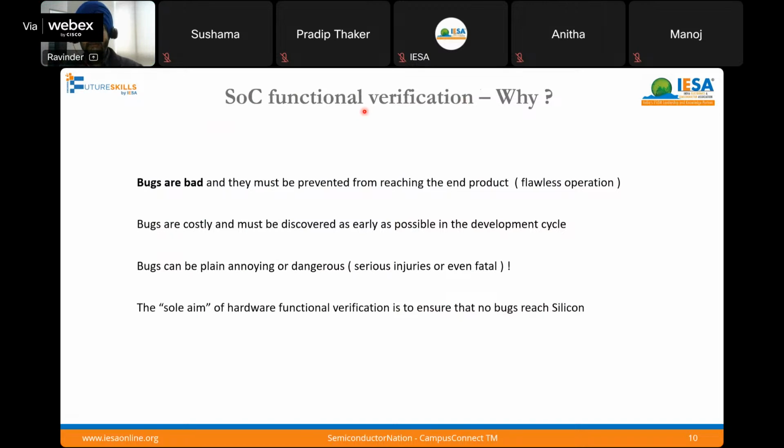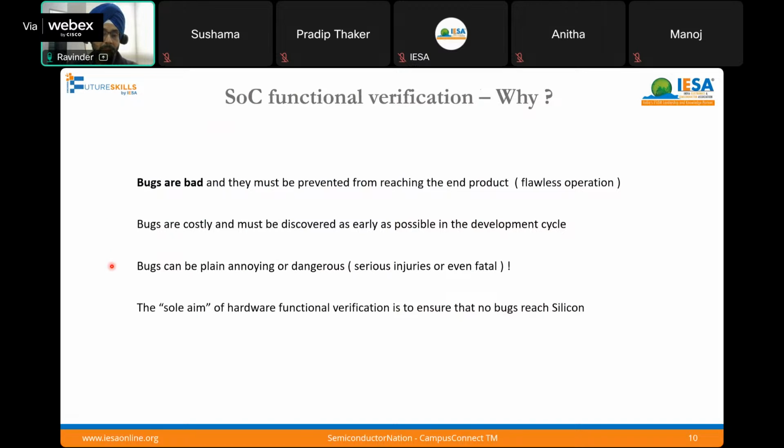So by now, we have an idea of why we actually need functional verification. Bugs, we know, are really bad, and they must be prevented from reaching the end product because the end user expectation is that of flawless operation. Bugs are costly and must be discovered as early as possible in the development cycle. We saw this.